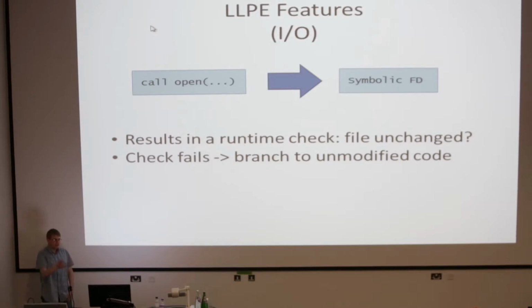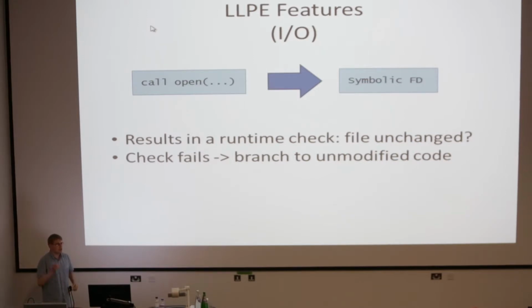But calls to open where we know what you're actually opening, and we know that you're opening it to read, turn into symbolic file descriptors. And then those can be stored in symbolic memory and passed around and what have you. And then those can end up in read calls and seek calls and things like that, and can be manipulated in the obvious way during specialization.